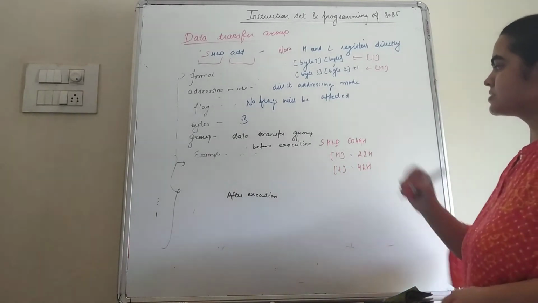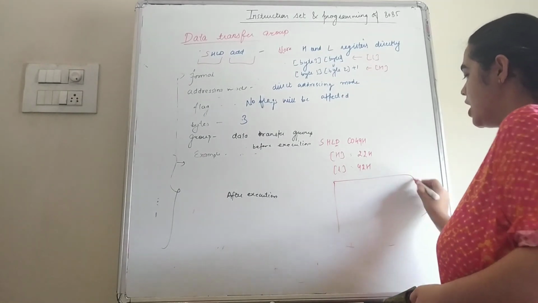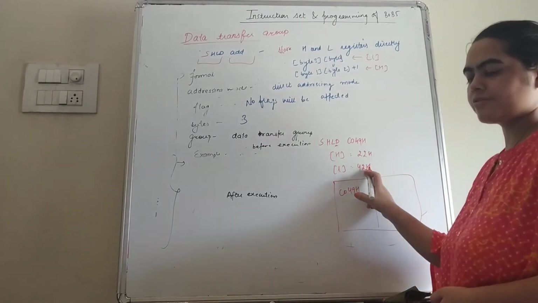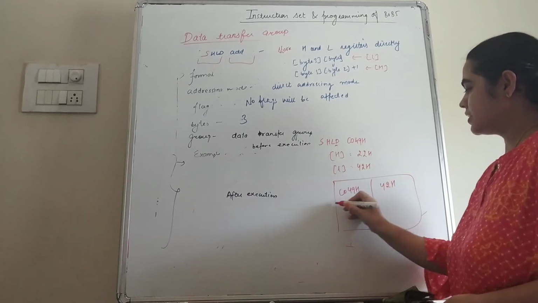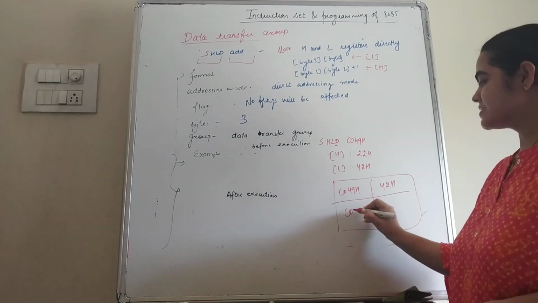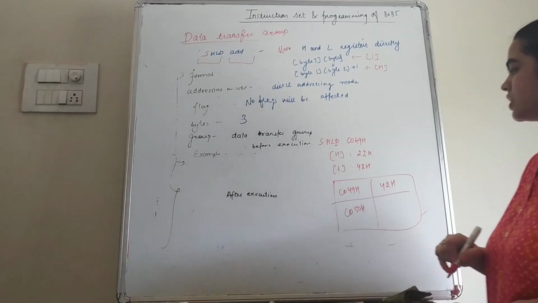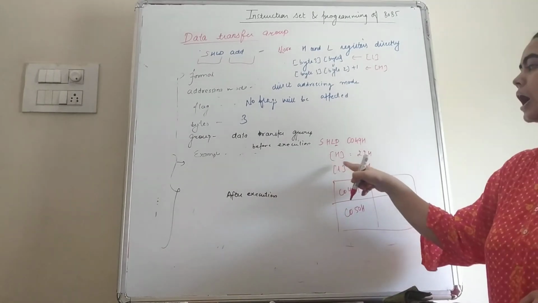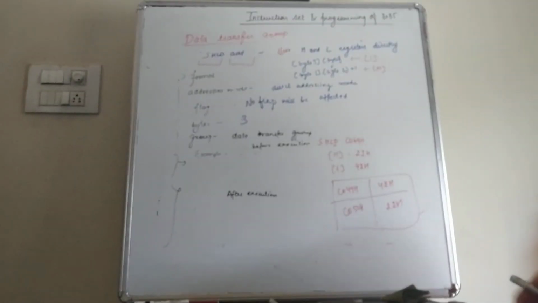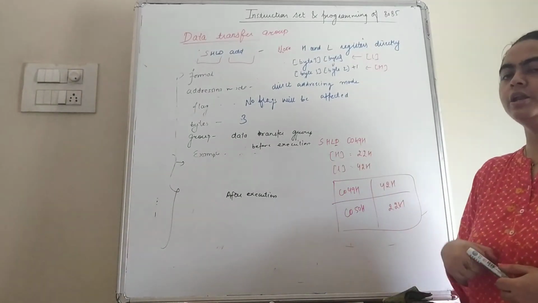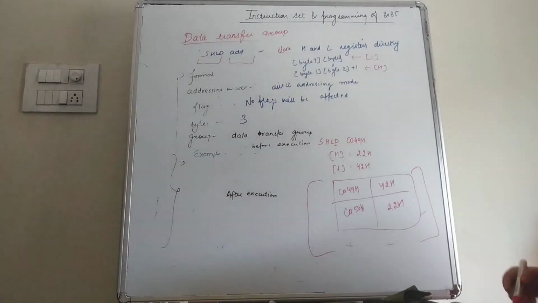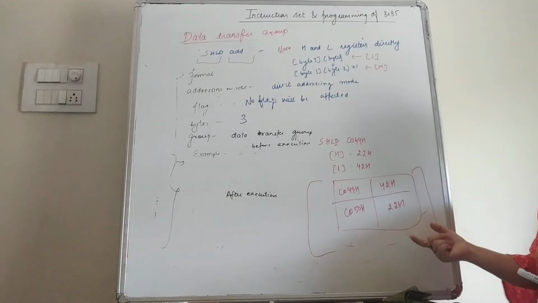So after the execution of this instruction, now at this C049 location, the contents of L will be stored. So the contents at this memory location will be 42H, and at C04AH, the contents that will be stored are those in the H register. So the contents at the next memory location will be the contents that are present in H. So after execution, the values of these two memory addresses will be 42H and 22H.